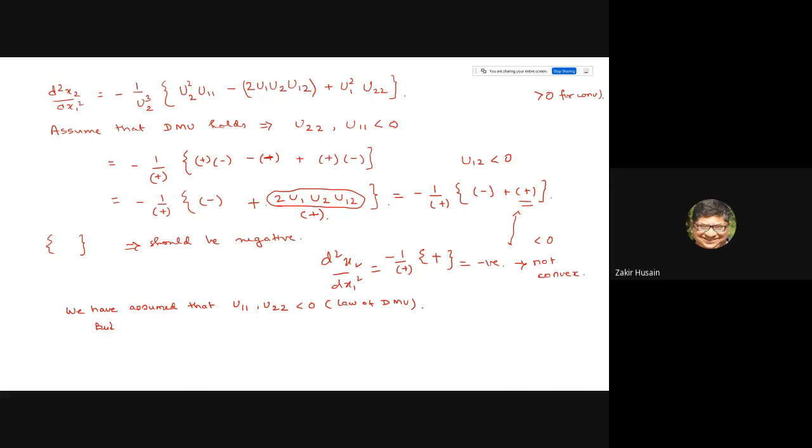But if two conditions hold, one is U12 is negative, and second, U1 squared U11 ... is the absolute value.